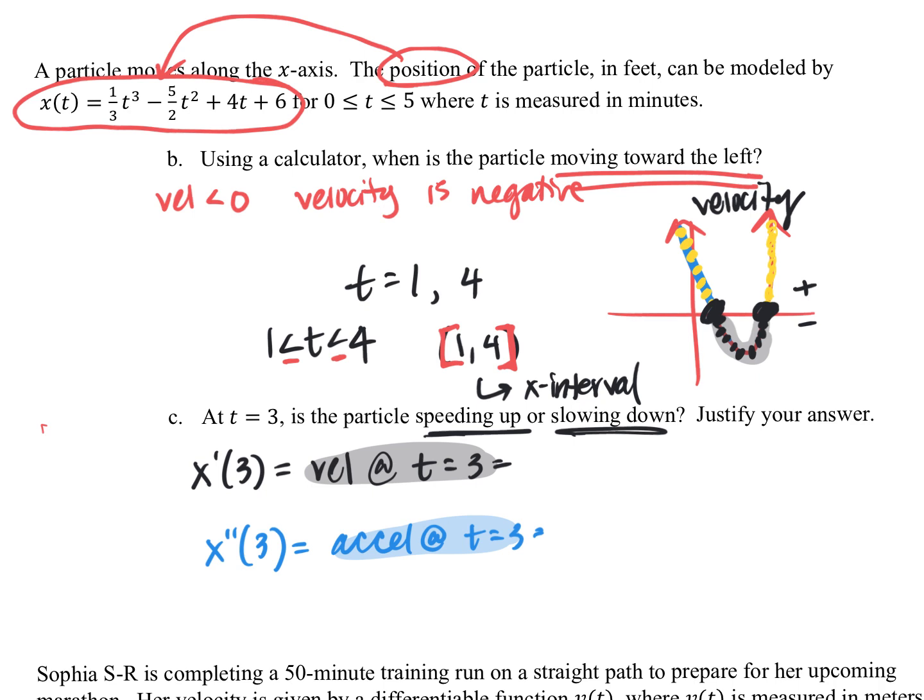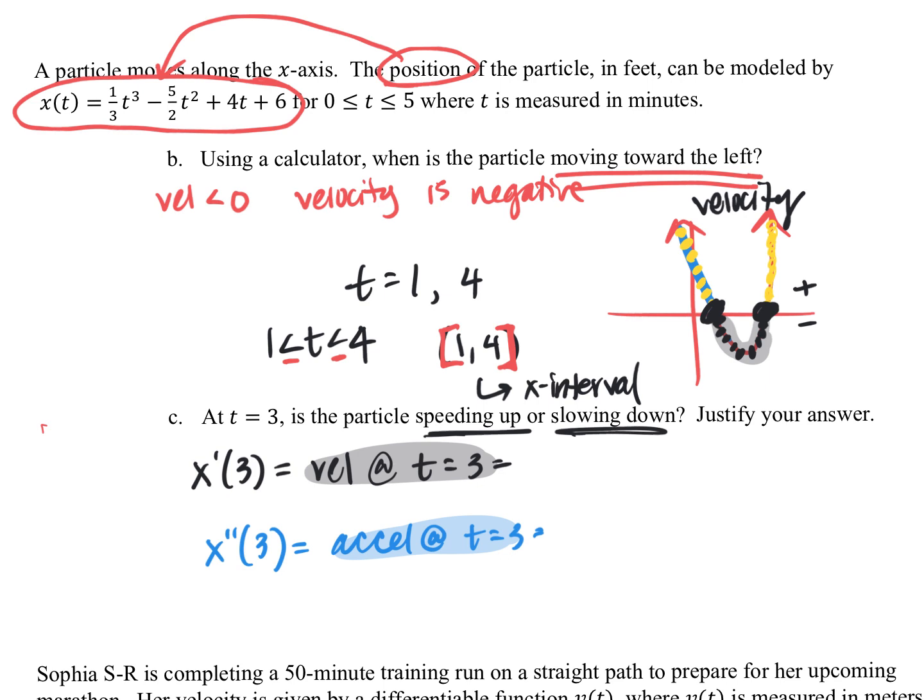Let's go to, real fast, I'm going to show you 2 different ways to do this. What graph are we looking at right here? Velocity. You guys, we want the velocity when t is 3. How do you think I could use my calculator to do that for me? Trace, then what? Just type in 3.